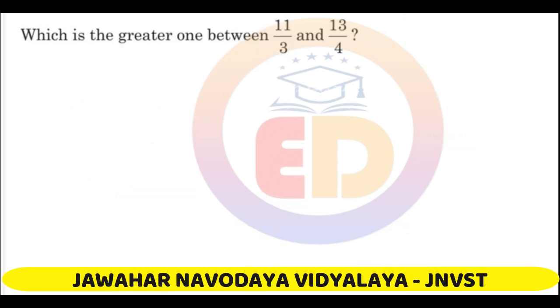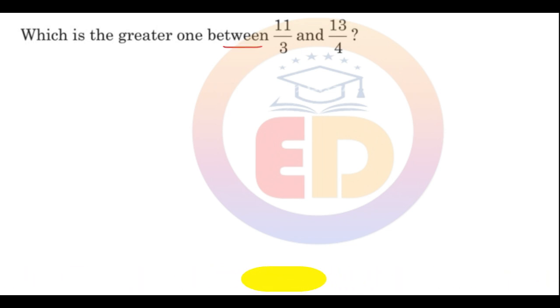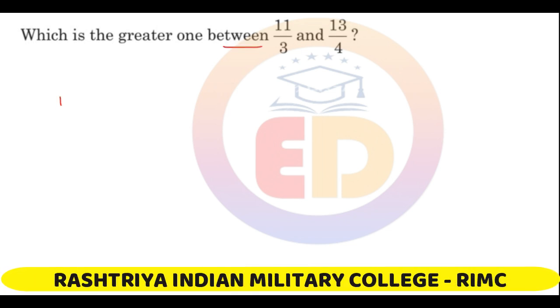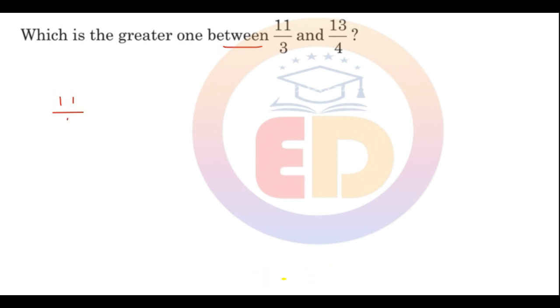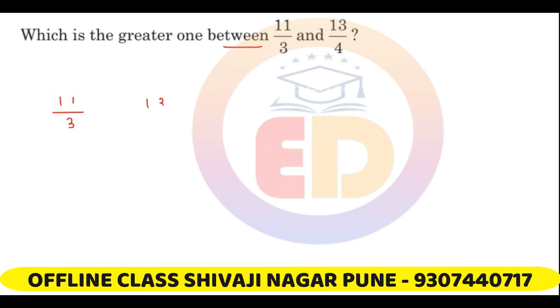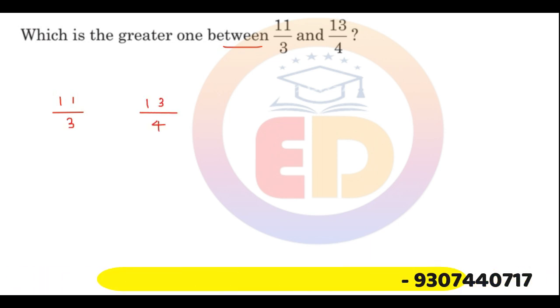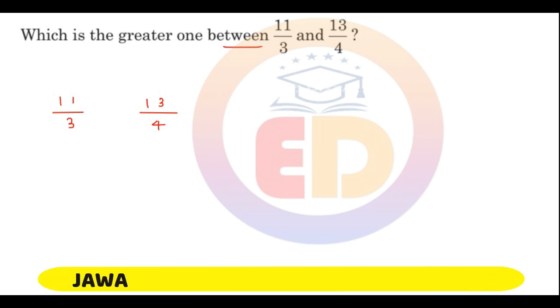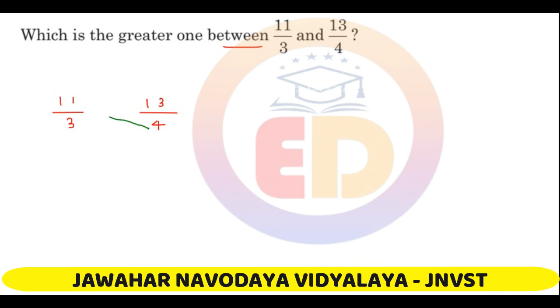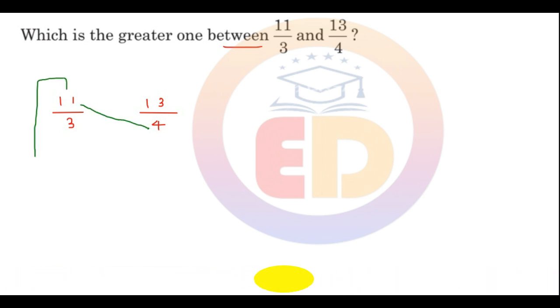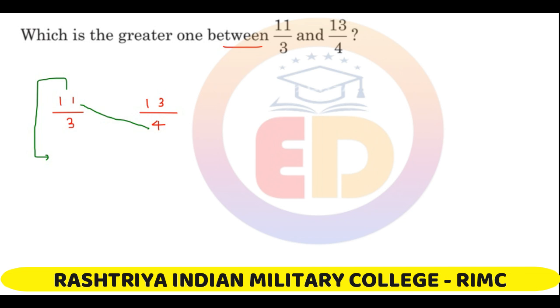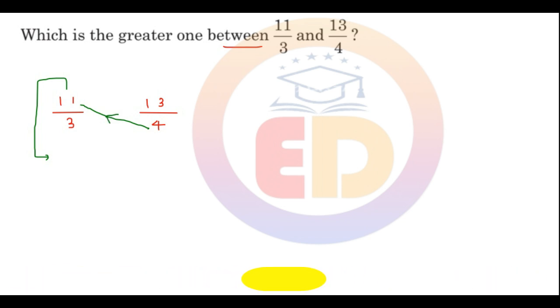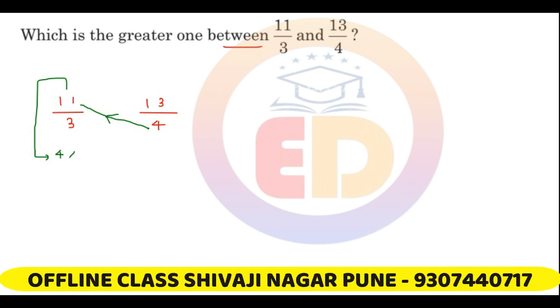Which is greater one between 11 upon 3 and 13 upon 4? So we have to compare 11 upon 3 and 13 upon 4. Now the easiest approach when you have to compare two fractions is cross multiplication. You multiply this 4 and 11 and you write down the value below the fraction 11 upon 3. 4 into 11 is 44.